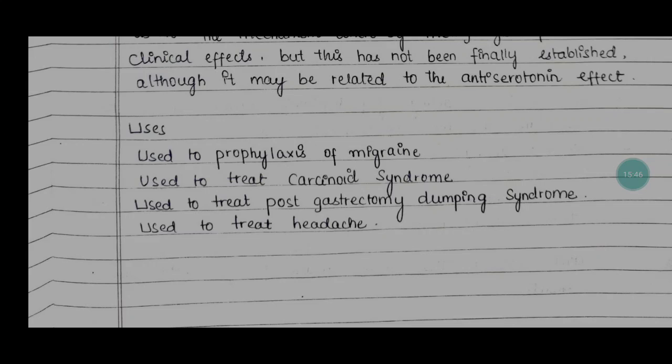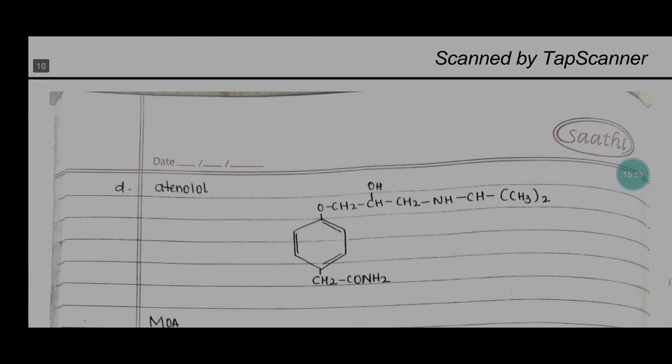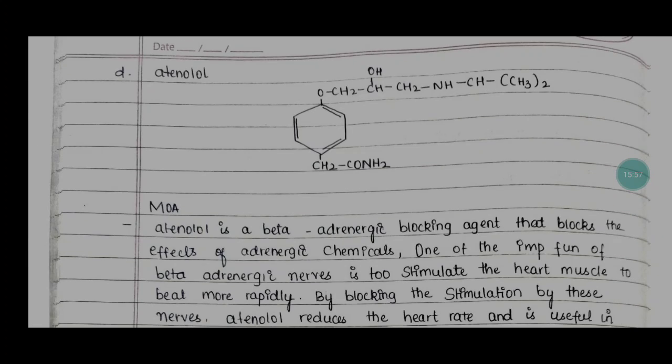It is used to treat post-gastrectomy dumping syndrome, and it is used in the treatment of severe headache. Where D, that is atenolol, and the mechanism of action for atenolol: atenolol is a beta adrenergic blocking agent that blocks the effect of adrenergic chemicals. One of the important functions of beta adrenergic nerves is to stimulate the heart muscle to beat more rapidly.